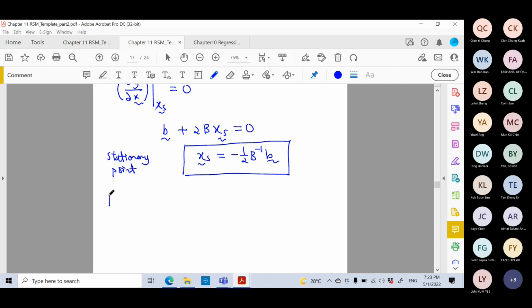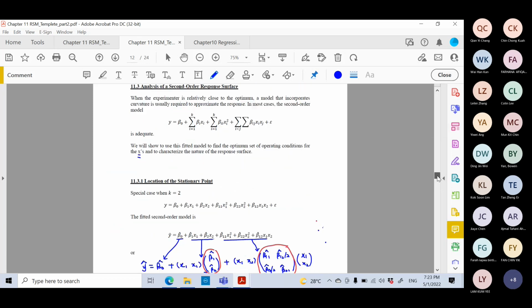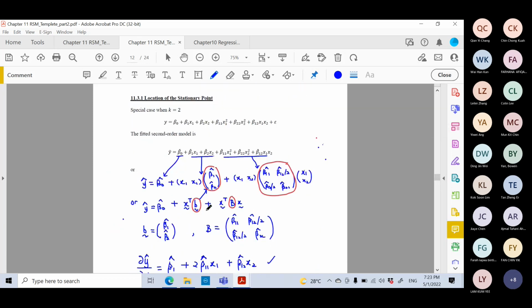Because you are going to get the stationary point, your equation for the Y hat will be equal to here.